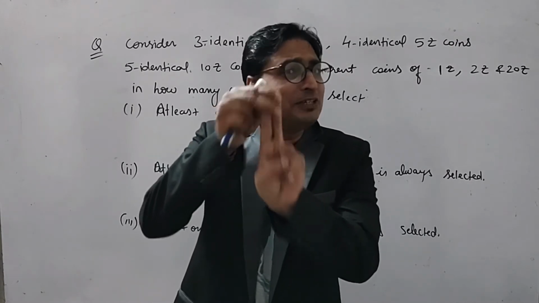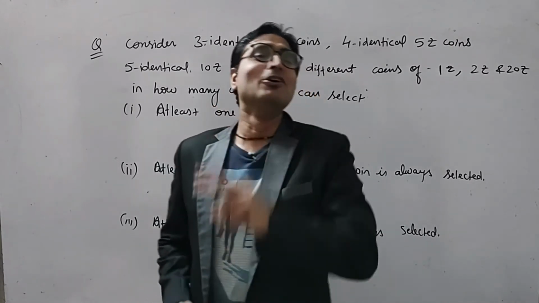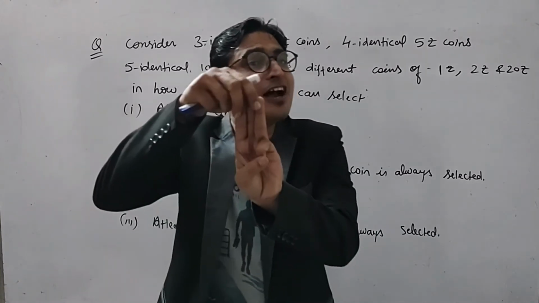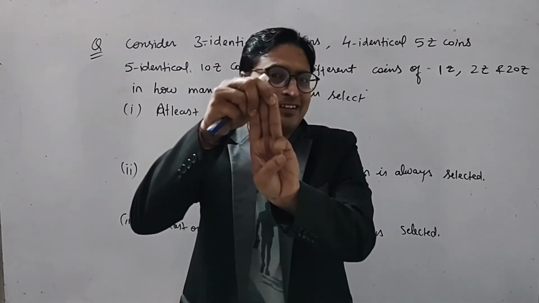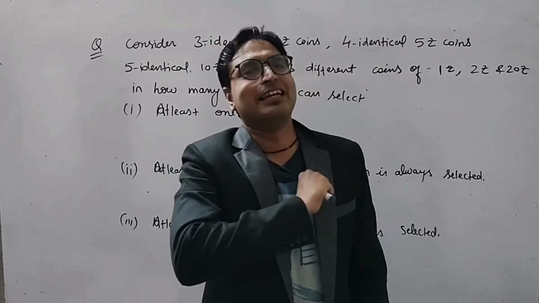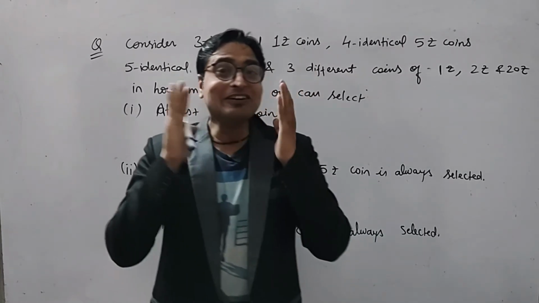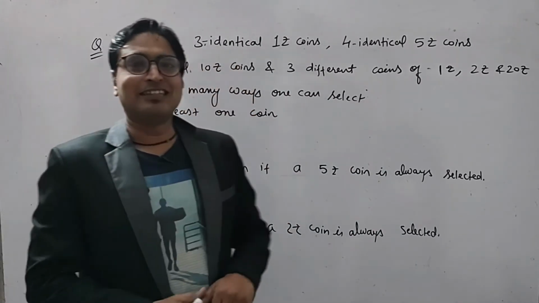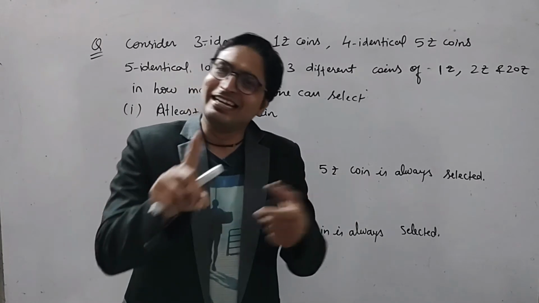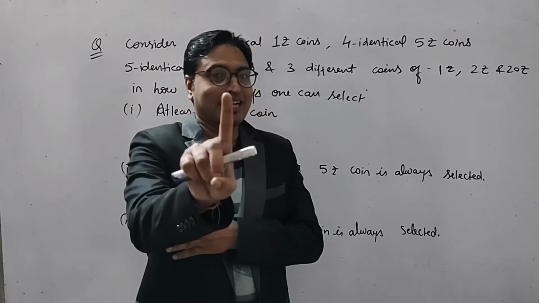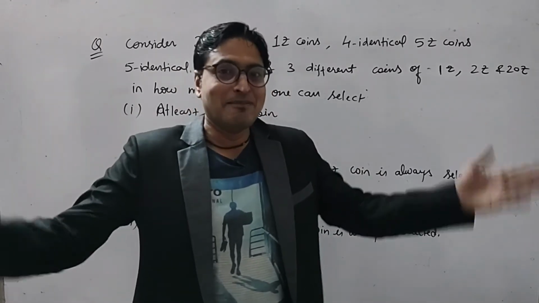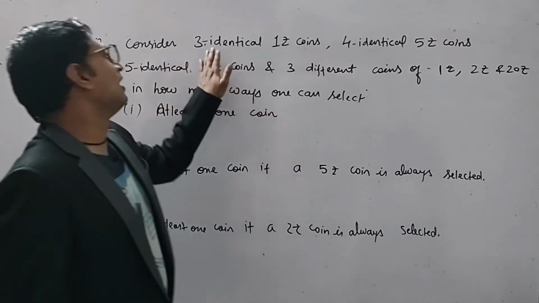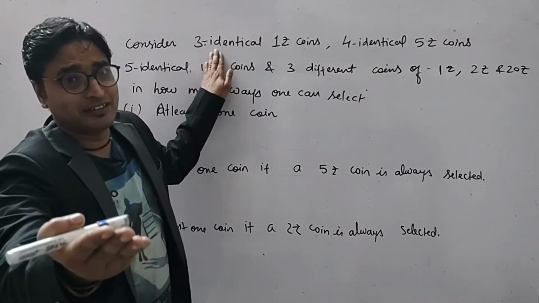Again for selecting 2 coins we have 1 way, because both are the same. And for selecting 3 coins, again we have only 1 way, because all the coins are identical. Now if I select no coin of 1 rupee, then that is another 1 way, to reject all the coins, because it is not necessary that I select a 1 rupee coin. I can reject.